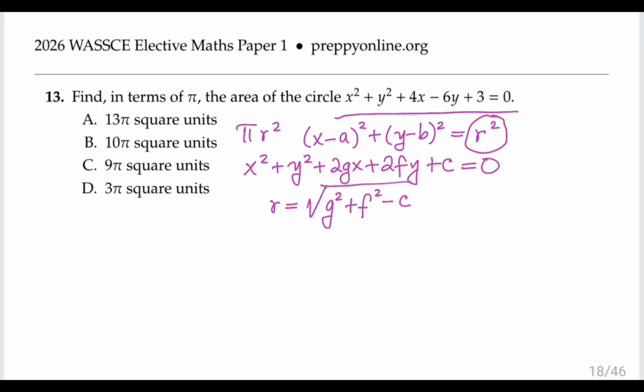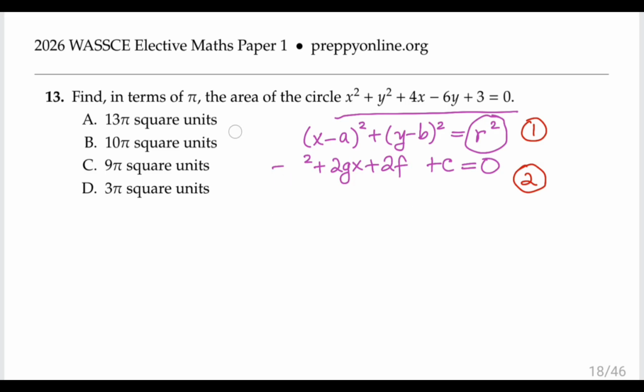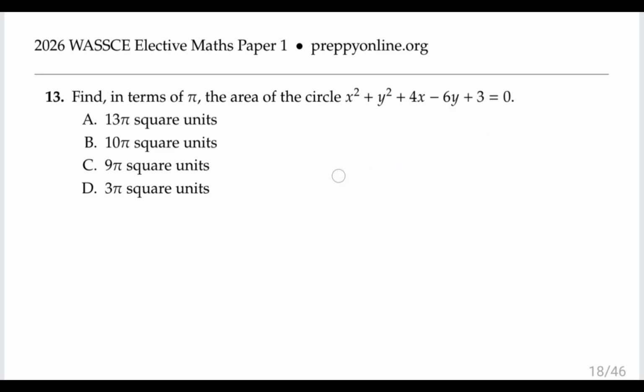So these are two ways of doing it. Let me recap. The first, you complete the square. The second, you write the general equation of a circle, compare coefficients, and then apply this formula. All right, so we could try to use the formula, but let's try to complete the square and see what happens.